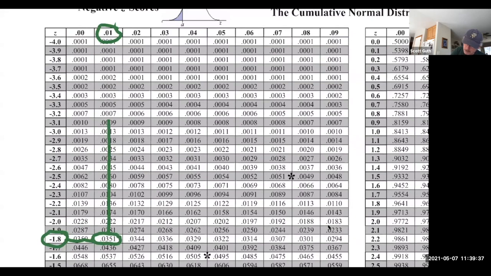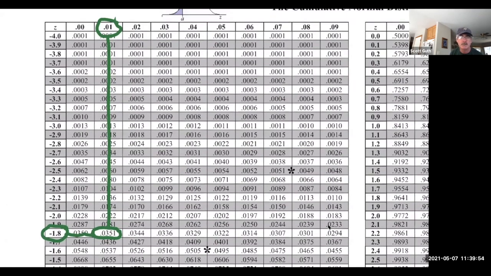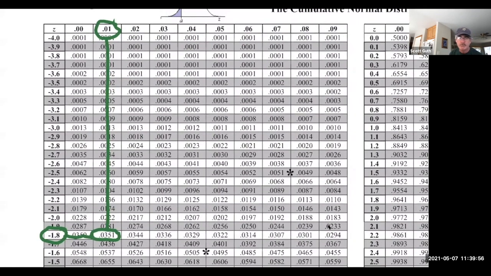Table A1 is the Z probabilities. Table A3 is the T probabilities. So this is coming out to be 0.0351. And remember, our level of significance is 0.02, so that's not going to pass. Take 0.0351. Let me go back.